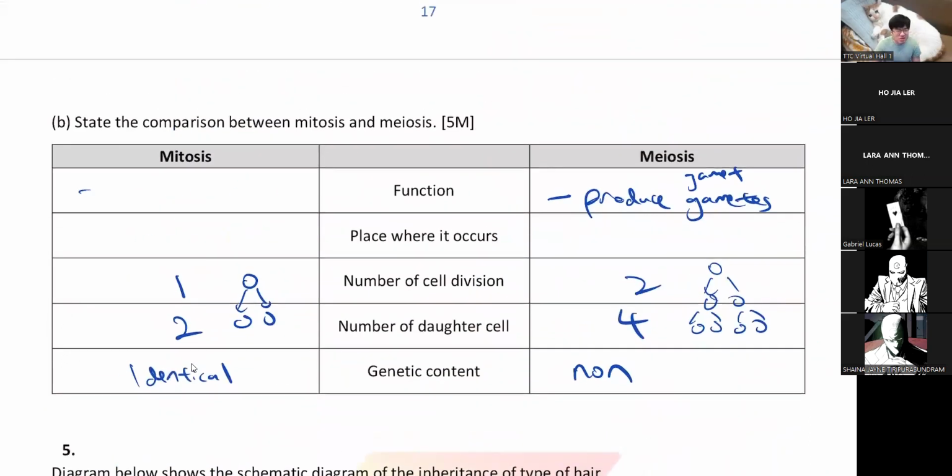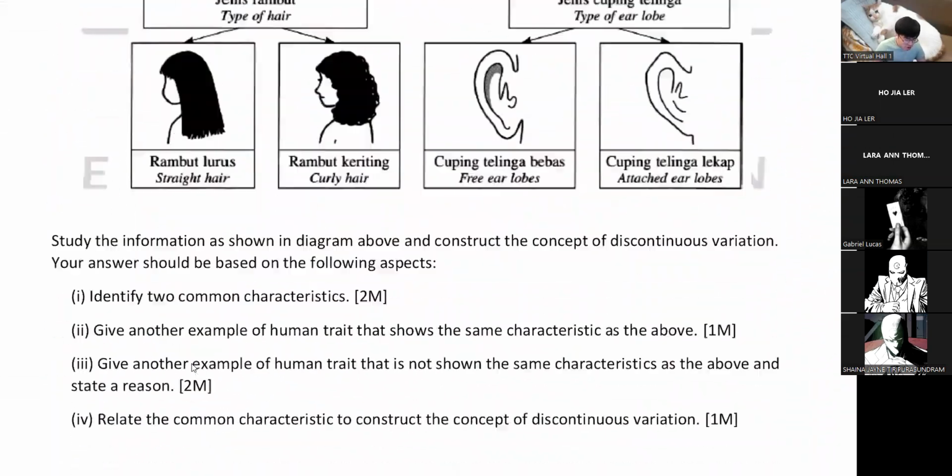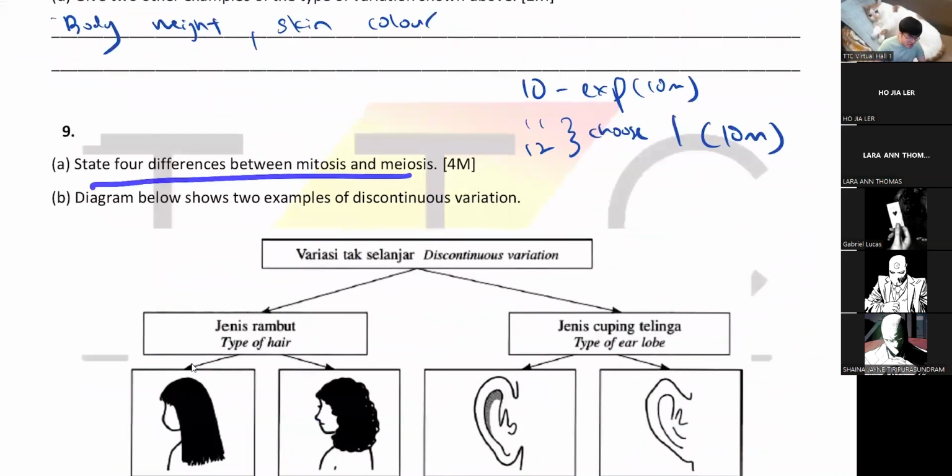The only difference here is you cannot draw a table. Very annoyingly, you have to write everything out in sentences in paragraph form. Unless they state that you can draw a table, in no way whatsoever should you draw one.